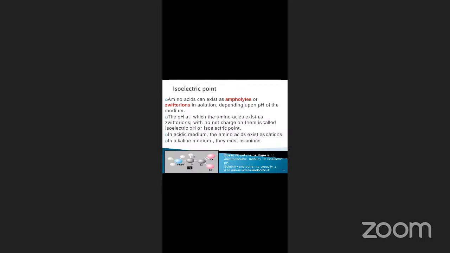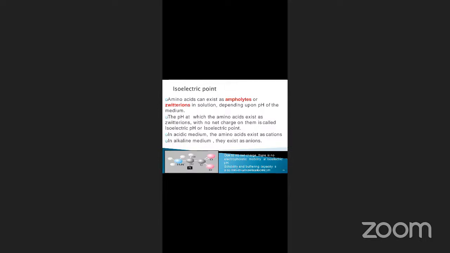So the pH at which they don't have any charge is called isoelectric pH or isoelectric point. Every amino acid will have a different pH where it exists without any net charge.